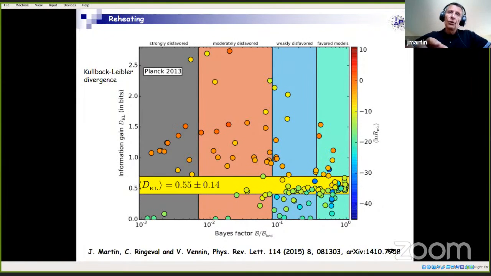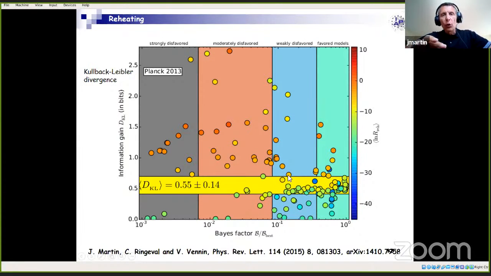So the larger this divergence is, the better the constraints are. And on the horizontal axis, I have put the Bayesian evidence, or the Bayes factor, which, as I have already said, describes the performance of a model.